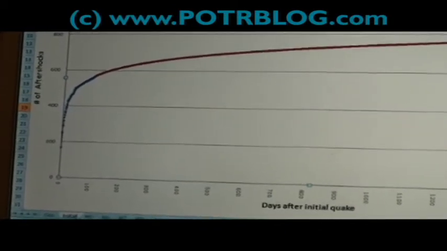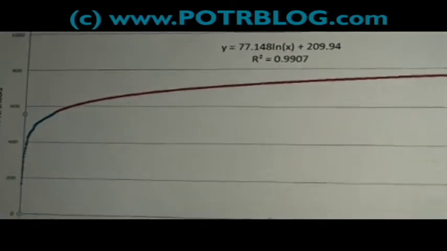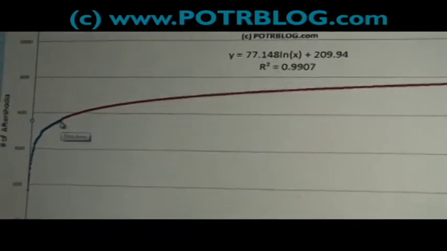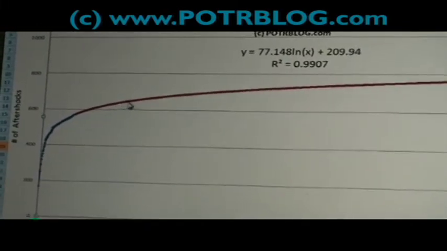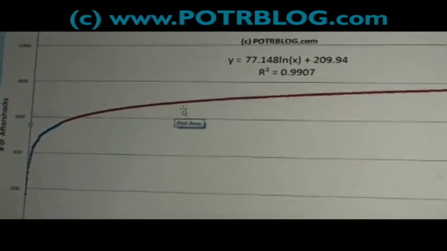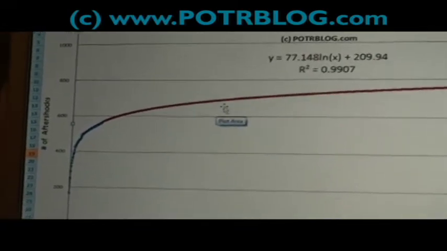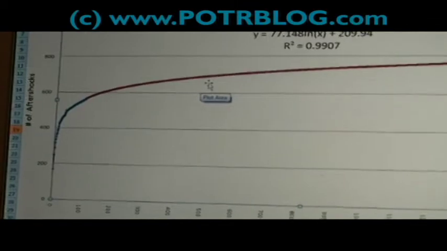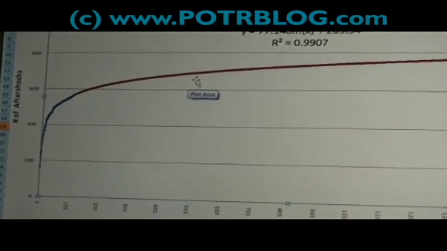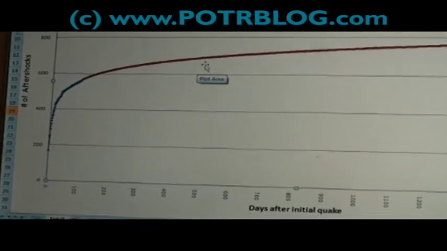Now what this tells us is we can use this formula to project when we'll have more aftershocks. And one of the things that makes aftershocks different is that they tend to follow a pattern and they're localized in the region.